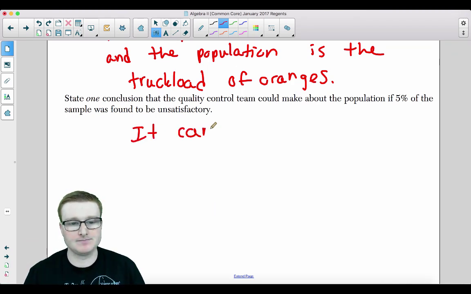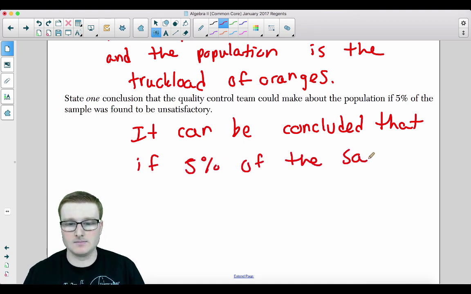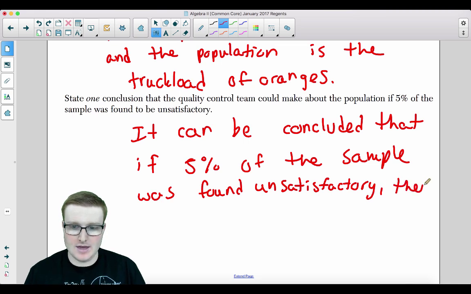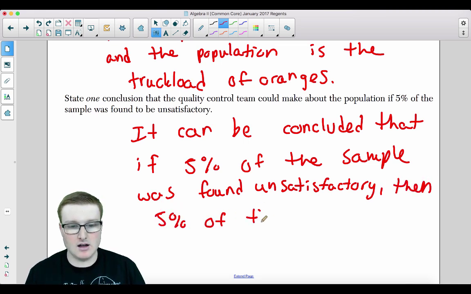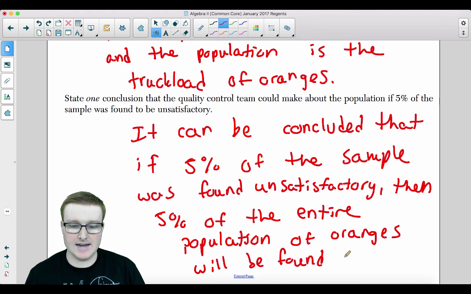So, it could be concluded that if 5% of the sample was found unsatisfactory, then 5% of the entire population of oranges will be found unsatisfactory. Okay? That's it. Easy peasy.